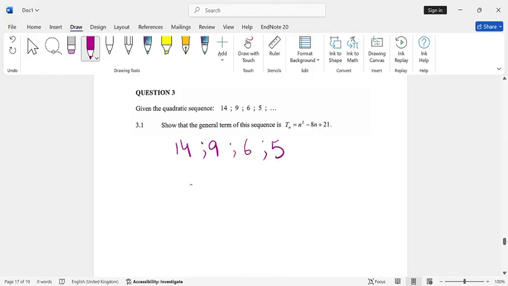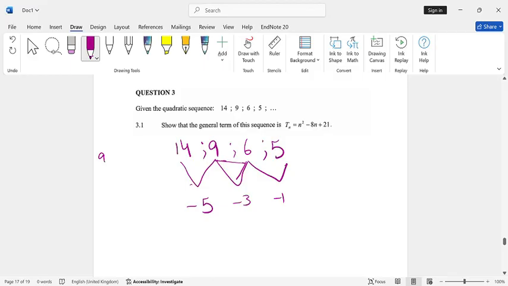Okay, so I can say this equation, and we can say that it is A plus B plus C. And if you look over here, by this and by this, you can see the difference is -1, 6 minus 9 is -3, and the difference of 14 and 9 is -5.